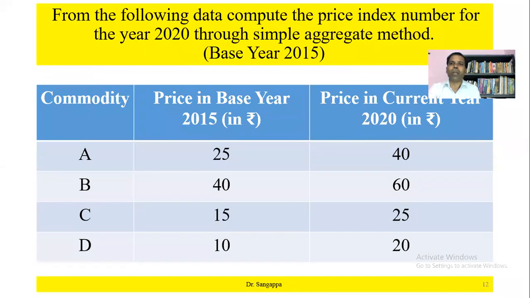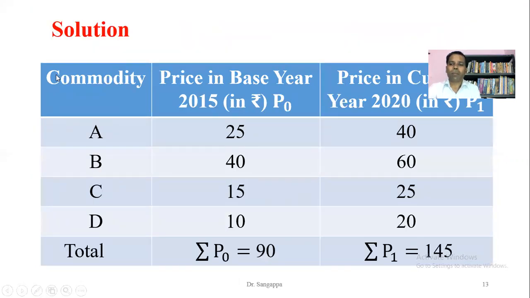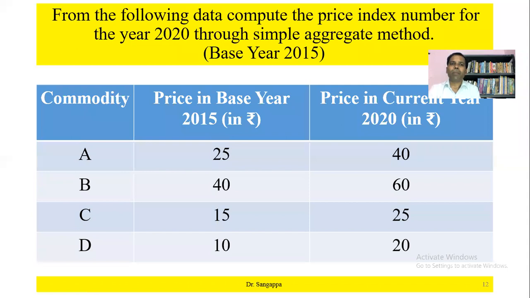So we can try to solve the problem. Here we take the current year as 2020 and the base year as 2015. From this data, we are going to construct the index number with the help of the simple aggregative method.